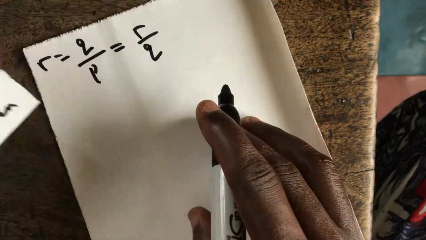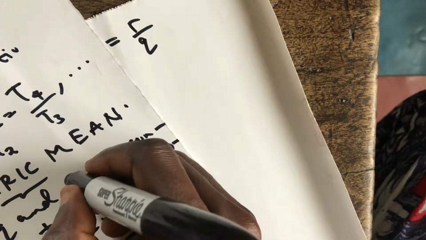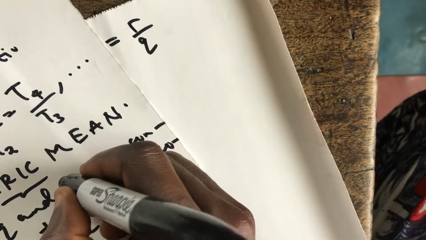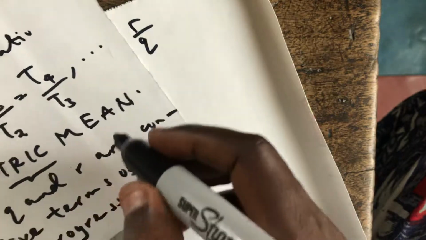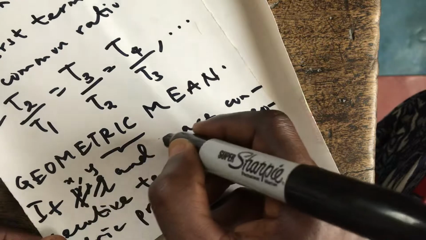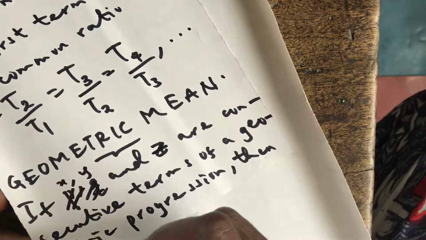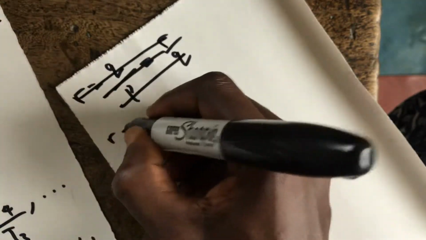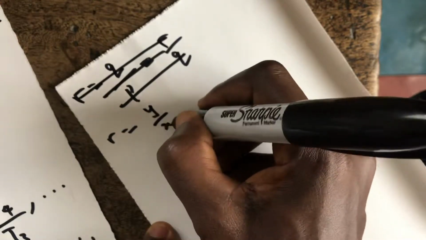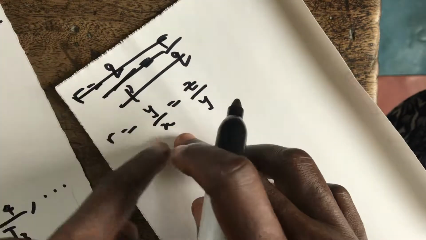Okay, I want to use different letters, instead of PQR, let me use X, Y, and Z. If X, Y, and Z are consecutive terms of a geometric progression, then the common ratio r is given by Y over X, which is the same as Z over Y, because the common ratio is the ratio of a term to the one immediately preceding it.